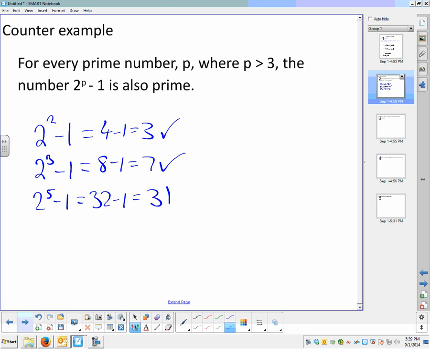And we can go on like this. 2 to the 7 minus 1 is 128 minus 1 is 127. Now, is that prime or not? I'm pretty sure it is.